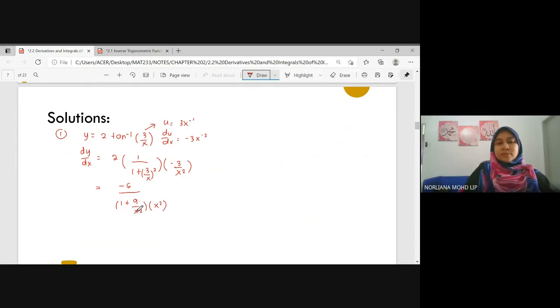You have to simplify this one. Negative 6 over x square plus 9 over x square, multiplied with x square. This can cancel. So we get the final answer: negative 6 over x square plus 9.